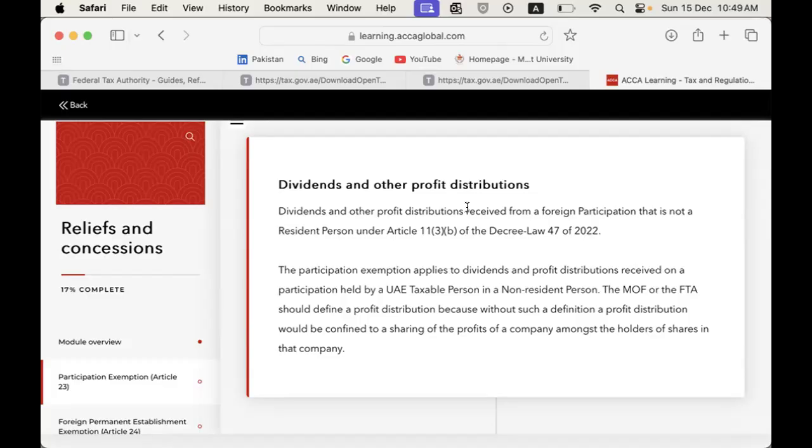Or was it liquidation proceeds that came in? Were these shares held for an uninterrupted 12-month period or not? And we will make sure that this was not an attempt to circumvent taxable profits.